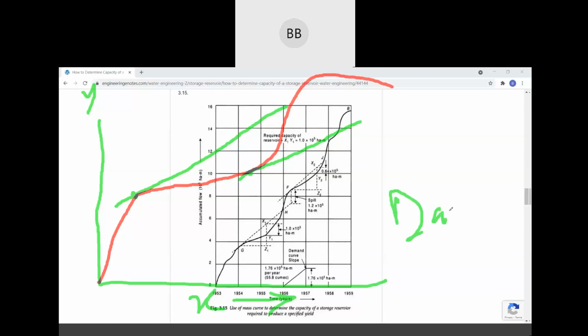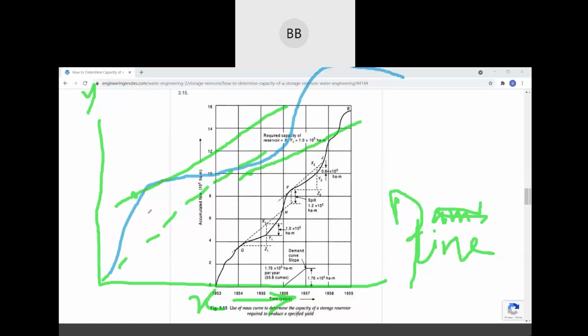I'll explain what a demand line is. If we have a demand line, it can be drawn as a dotted line, and then it will be easy for us to draw the tangent. That tangent should be parallel to the demand line.